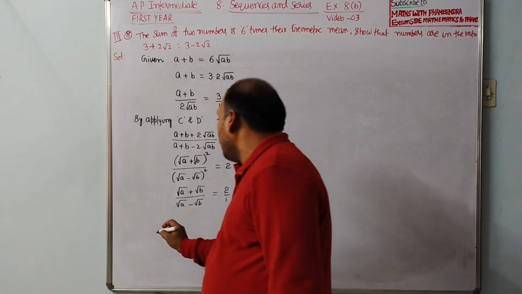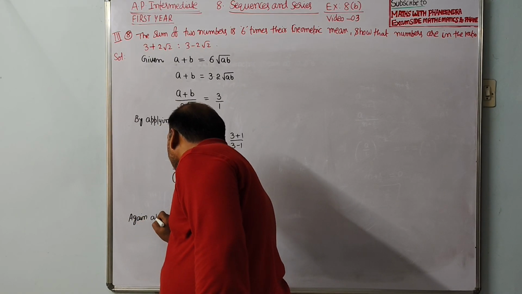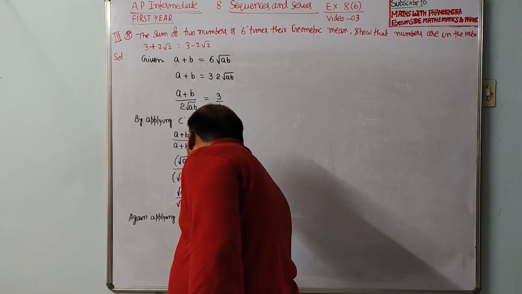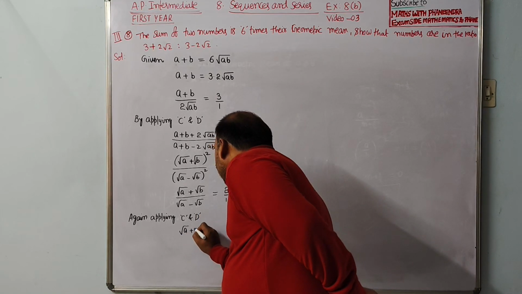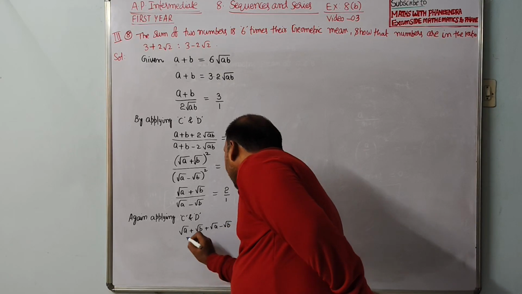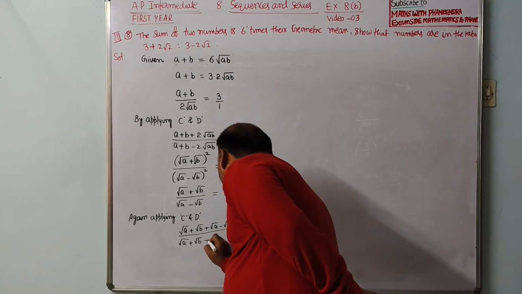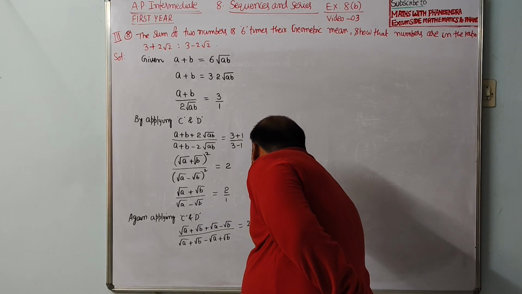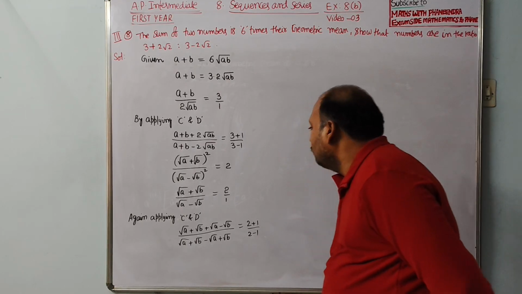Again you have to apply componendo and dividendo. So you will get (root a plus root b plus root a minus root b) divided by (root a plus root b minus root a plus root b) equal to (root 2 plus 1) divided by (root 2 minus 1).